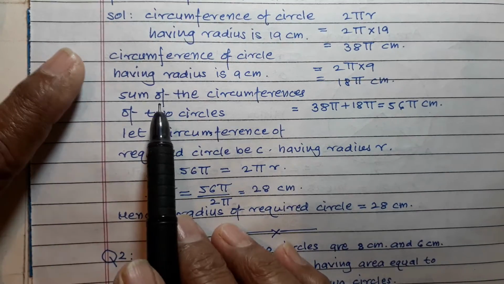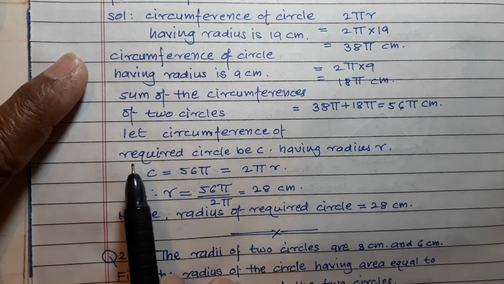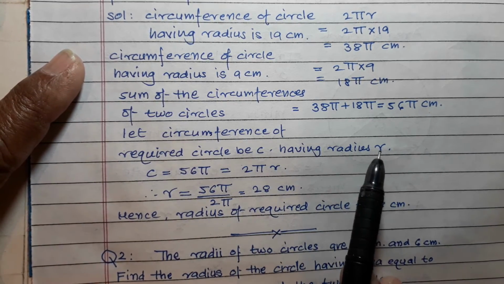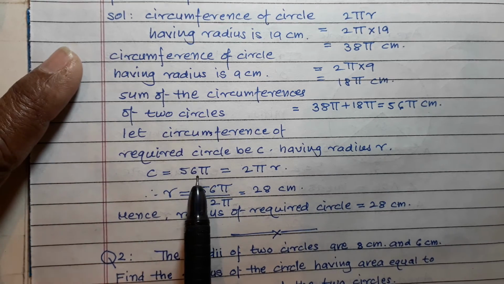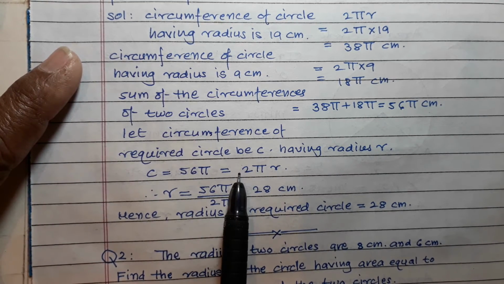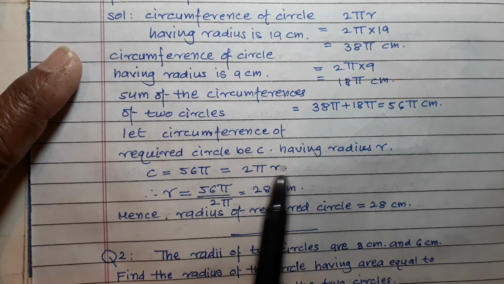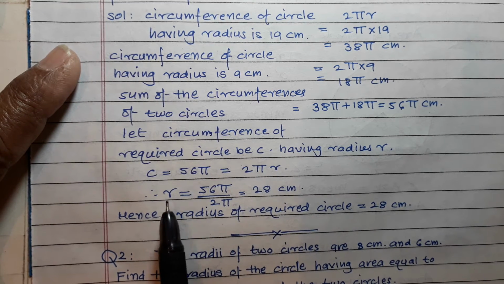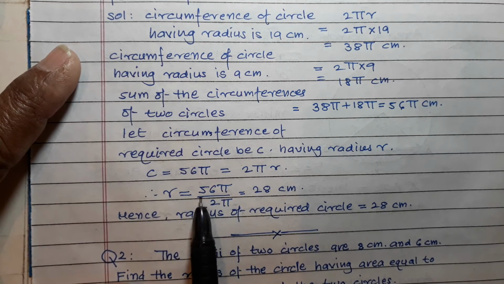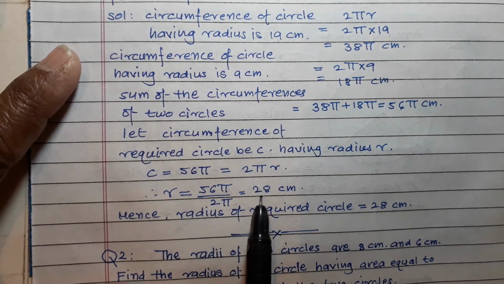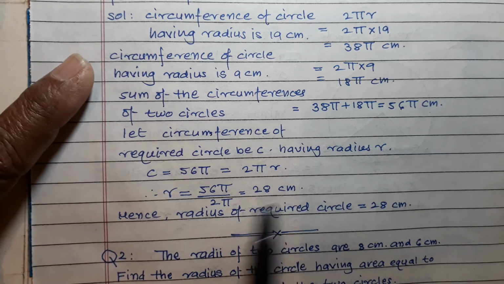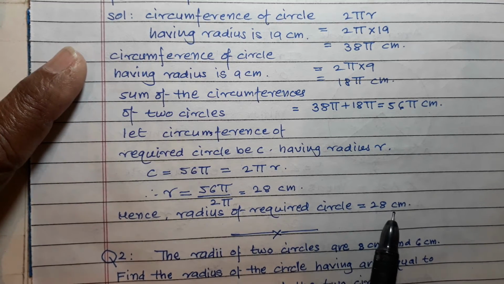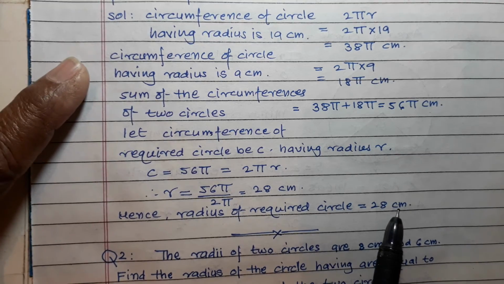Then let circumference of required circle be C having radius r, then C is equal to 56 pi is equal to 2 pi r. Pi gets cancelled, 2 you transfer on this side, so r is equal to 56 upon 2, that is 28 centimeter, and hence radius of required circle is equal to 28 centimeter.